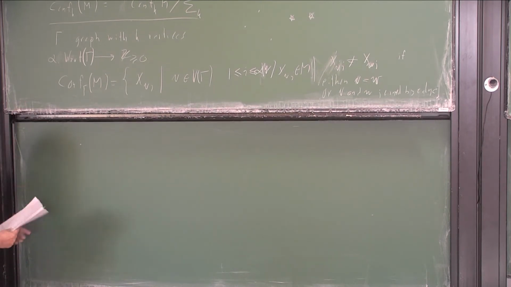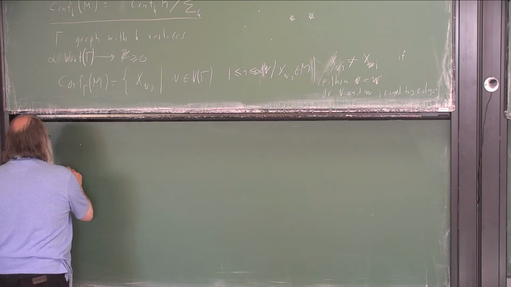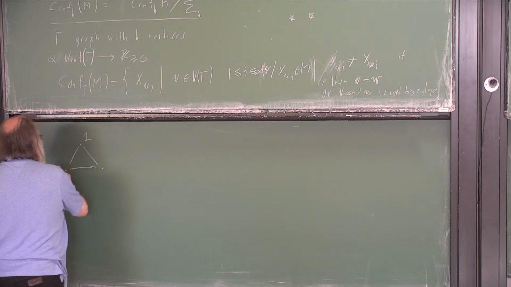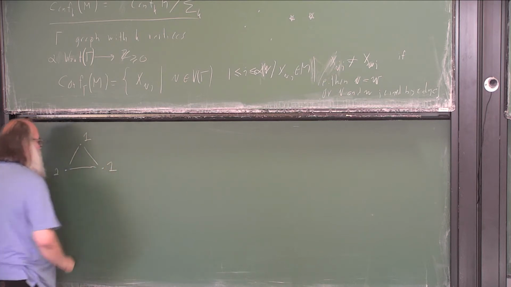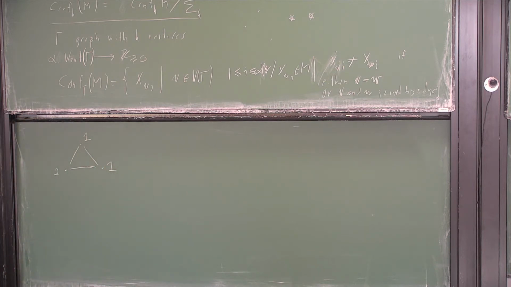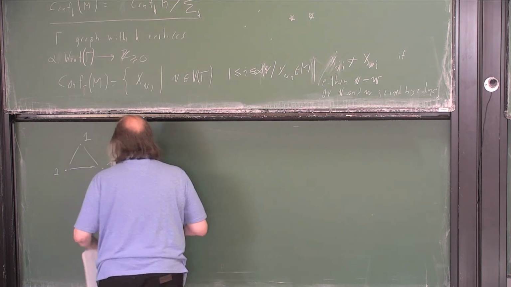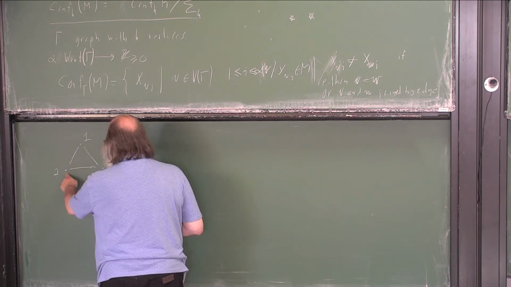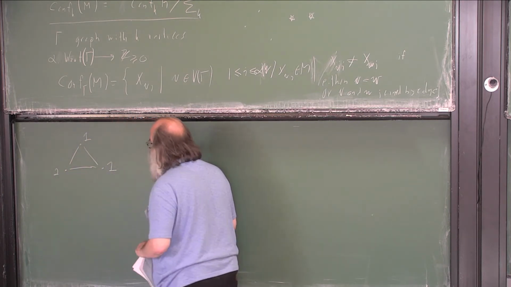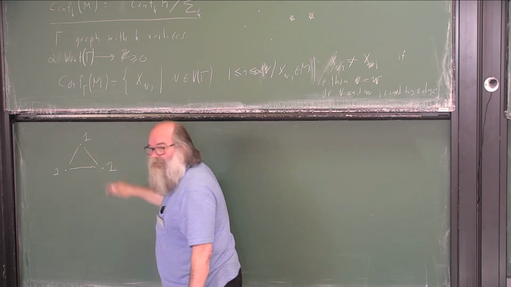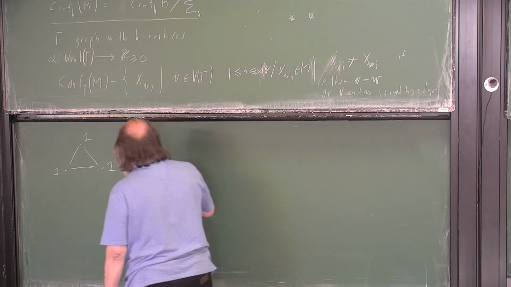Yes. So if you have, say, this graph with 3 vertices, and you pick one point in each class, this corresponds to 3 ordered points, because they are ordered by which vertex they belong to, and they all have to be different since the vertices are all connected by edges.